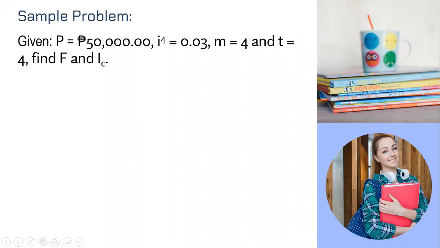Given the 50,000 pesos as the principal amount, I sub 4, which is 0.03, M equals 4, and T equals 4, find F and IC. Okay? Ano yung formula ulit natin kanina?